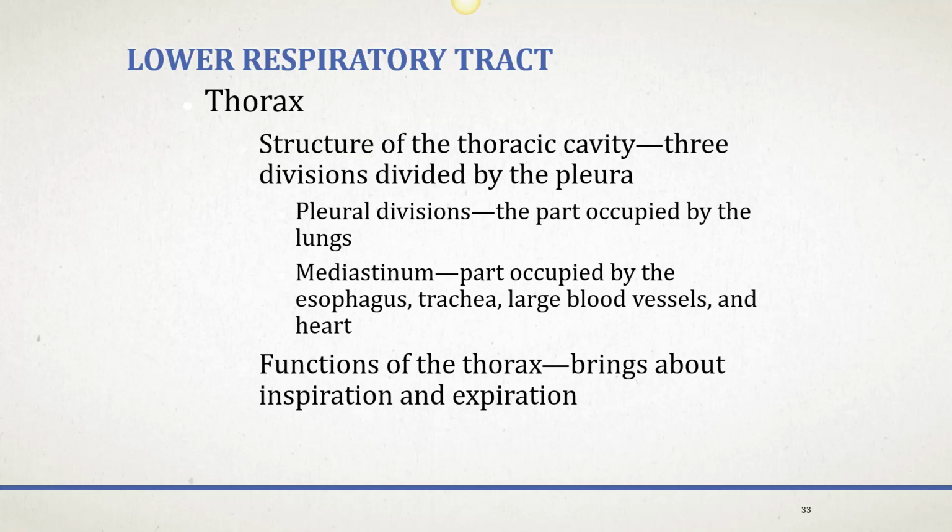And then in the center, you have the mediastinum. The mediastinum has this kind of subcavity known as the pericardial cavity. Pericardial is around the heart, while there's the esophagus, trachea, large blood vessels that make up the other part of the mediastinum. The thorax or thoracic cavity's job is to bring about inspiration or breathing in and expiration or breathing out.